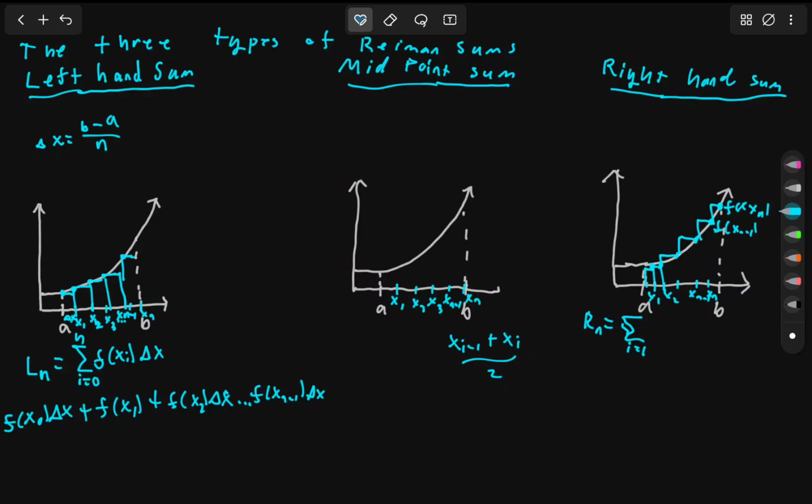We're starting with the right endpoint, which in this case is going from x naught to x of 1. x of 1 is the right endpoint, so we start with x of 1 to n. So we're starting with x of i times a change in x.